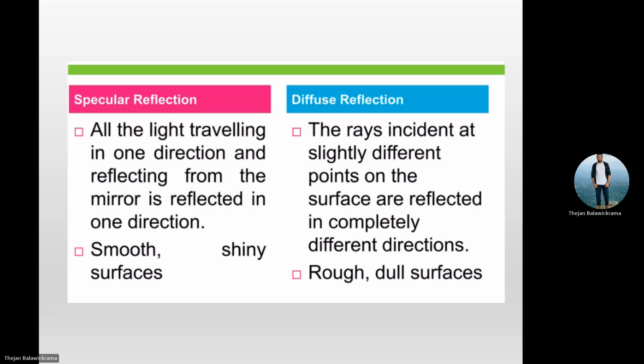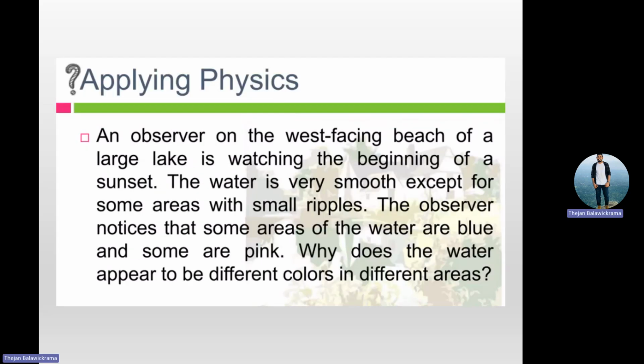So this is a thinking question, an application question that I have given. An observer on the west-facing beach of a large lake is watching the beginning of a sunset. The water is very smooth except for some areas with small ripples.